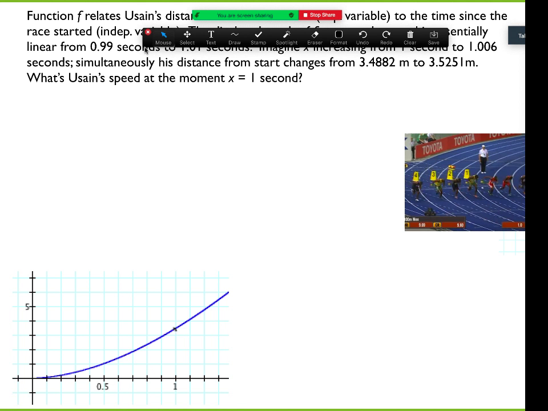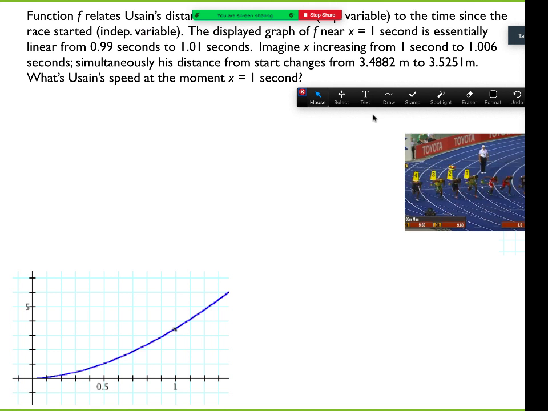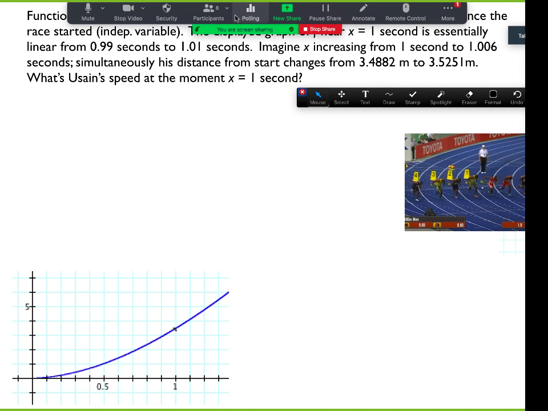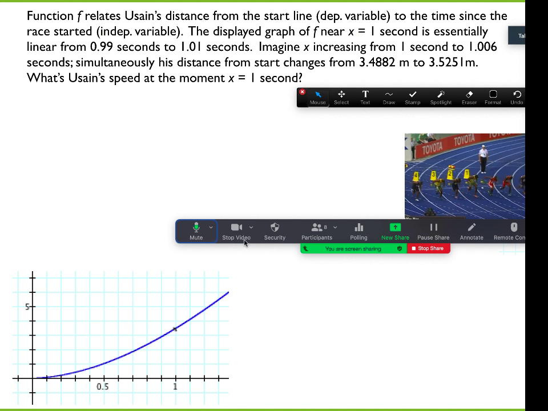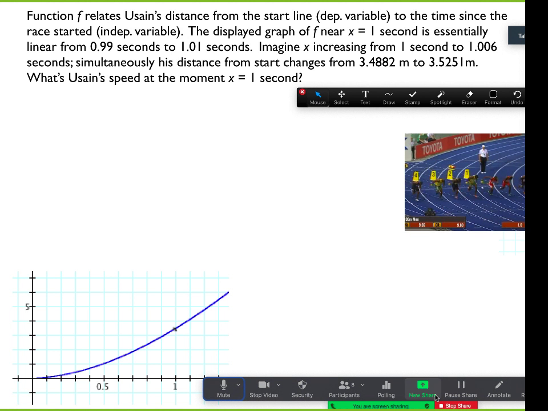Okay, so the function f relates Usain's distance from the start line, the dependent variable, to the time since the race started, the independent variable.